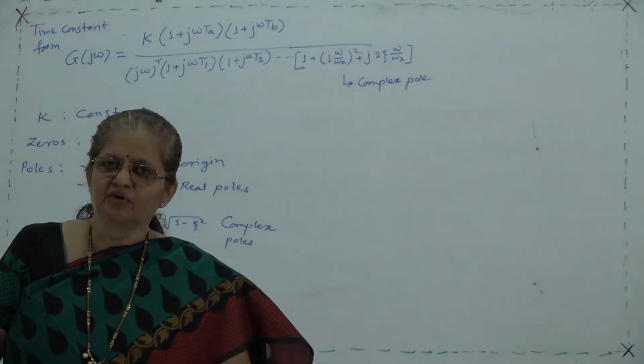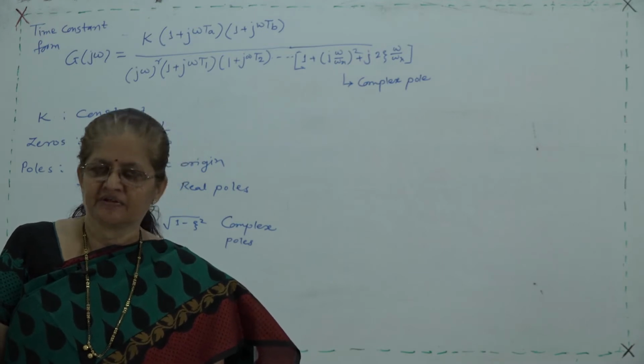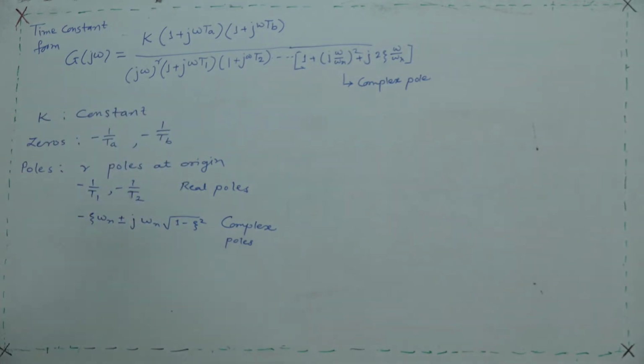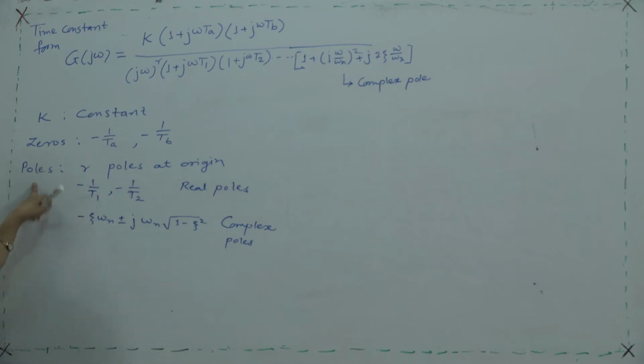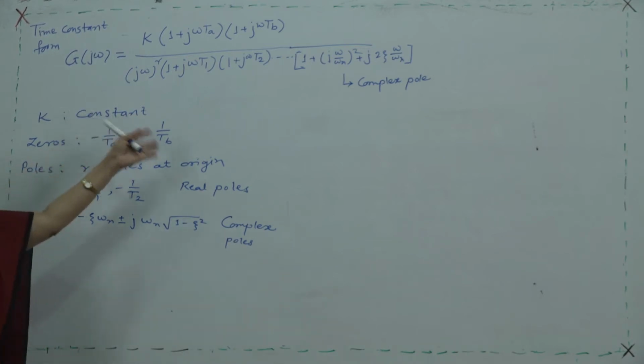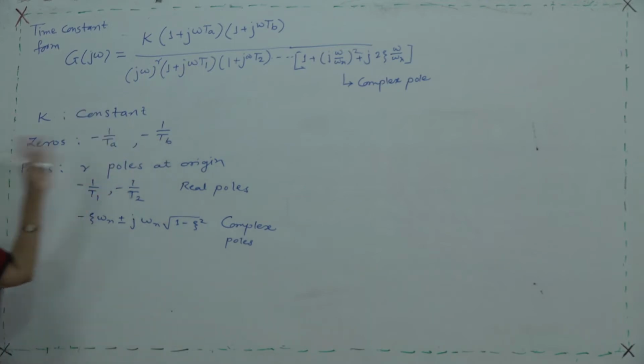Take 20 log of the transfer function. So, I think now it is clear that all the terms: constant gain, zeros, there may be other zeros, poles, R poles at origin, some real poles, one complex pole we are considering. Similarly, we can consider complex zero at the numerator.